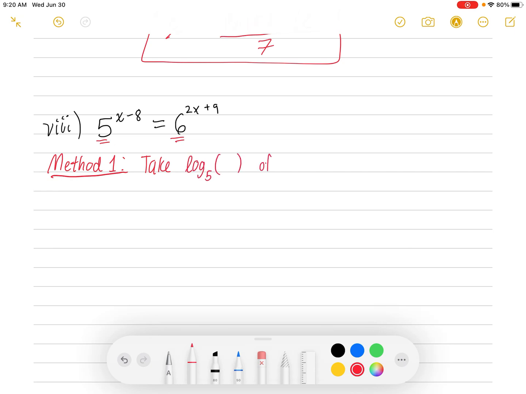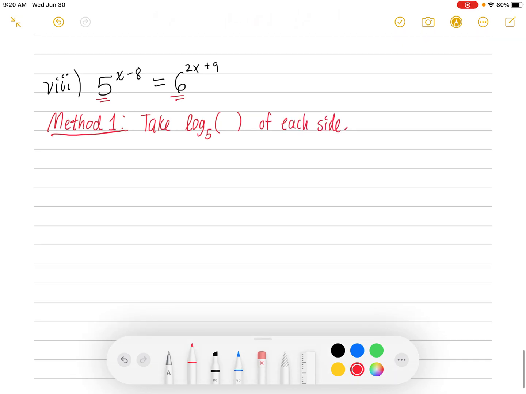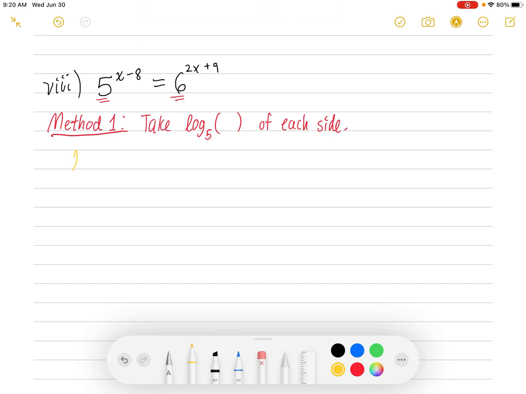So you can do one of two things. I'll do method 1. You want to get rid of one of those exponential bases, where in method 1 you take log base 5 of each side. So I'm going to do that method.